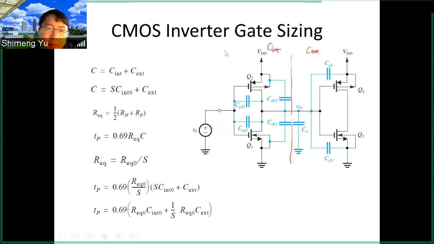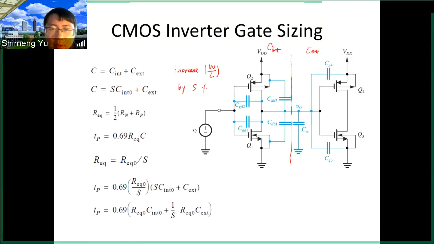So if we increase the transistor W over L by a factor of S, then the intrinsic capacitance will increase by a factor of S.